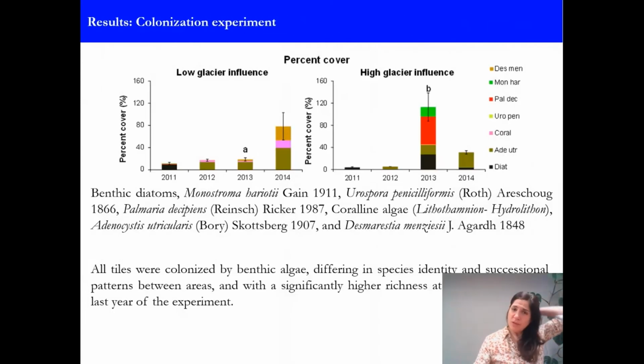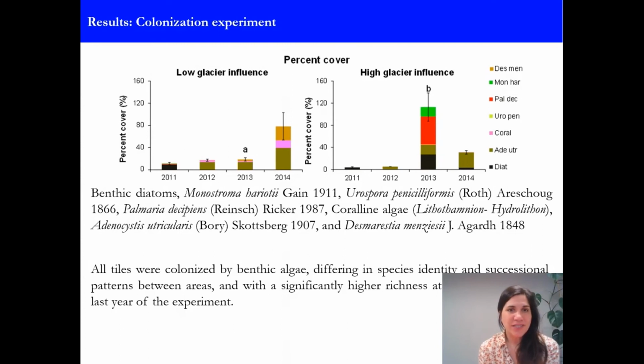So our first results show benthic diatoms, Monostroma arioti, Urospora penicilliformis, Palmaria decipiens, coralline algae, Adenocystis utricularis, and Desmarestia menziesii.